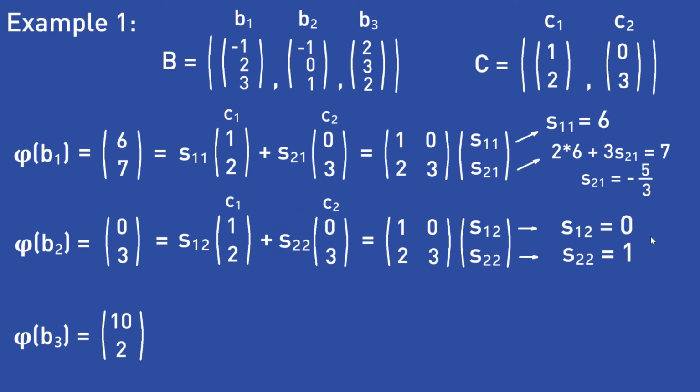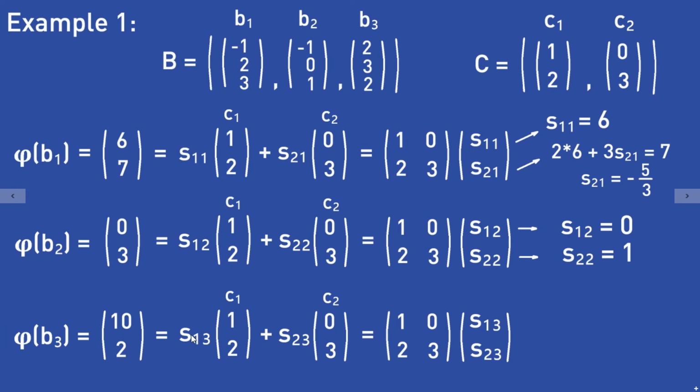We have to do this one more time for phi b3, which is equal to 10 and 2. So we write phi b3 as a linear combination of the basis vectors c1 and c2. We want to find the coefficients S13 and S23. So we rewrite this by using a matrix, and then we have to solve the following linear equation system. So we solve this directly again.